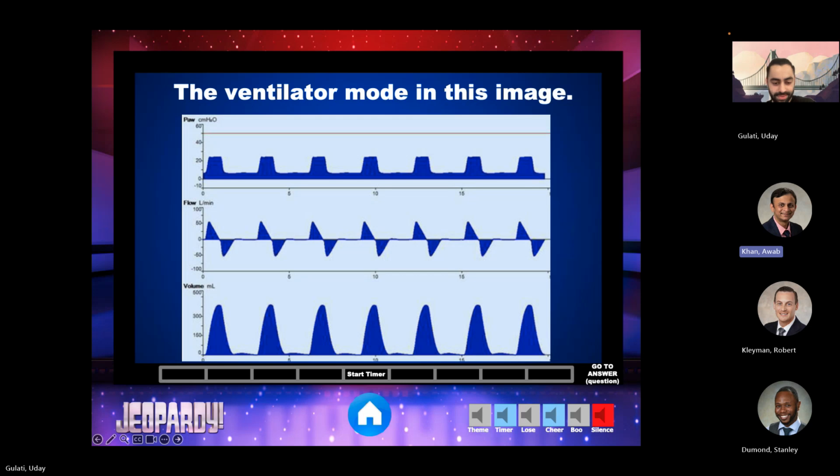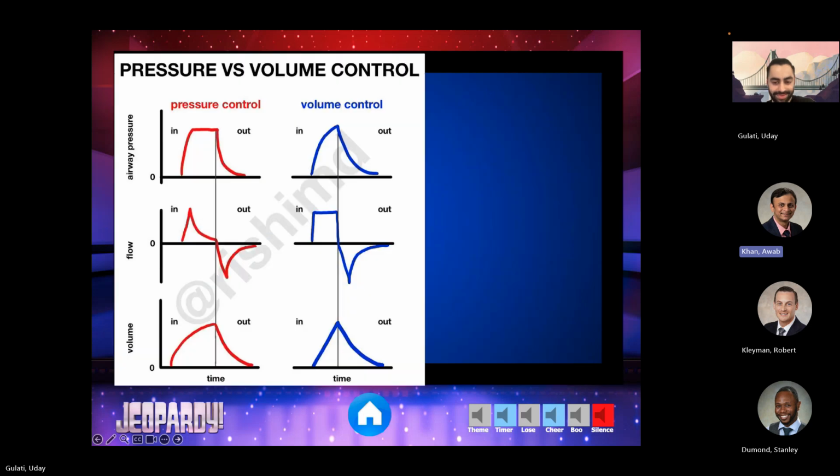I hate these questions. But essentially, if your pressure waveform is ever squared off, it's probably a pressure control mode. If you have differing pressures but your tidal volumes are the same, that's how you would identify PRVC, or VC plus.